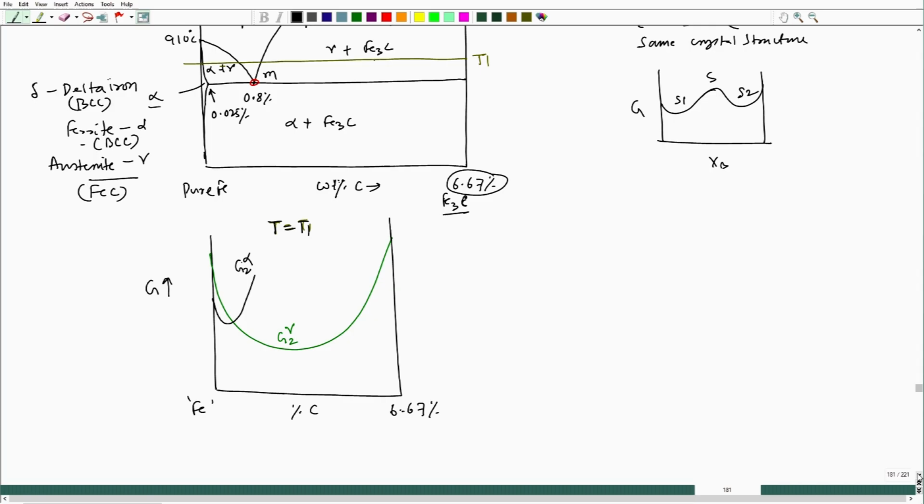So, Fe3C will be a very narrow free energy line. If I draw it with a different color, Fe3C would have a plot like this, G2 Fe3C, and Fe3C is also called cementite.